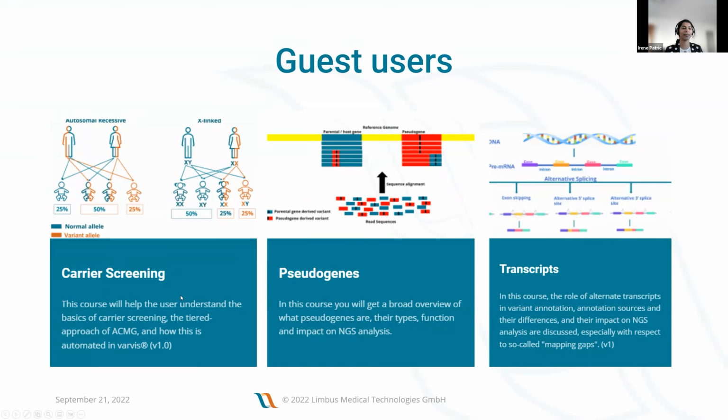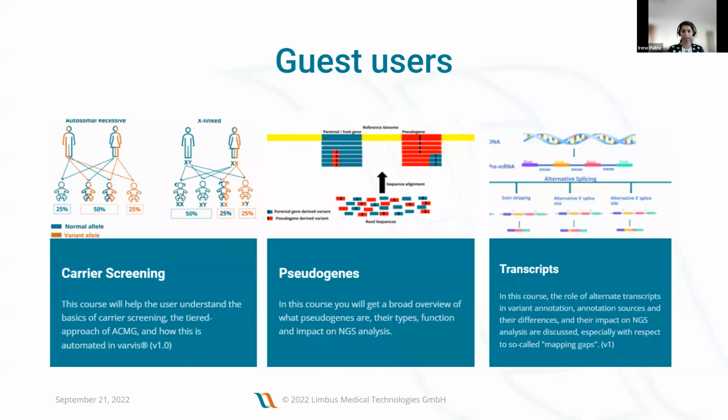This one explains the recommended ACMG tiered approach very well. And then we have a course about pseudogenes, which explains why this becomes important in the context of NGS analysis and how alternate transcripts impact analysis and so on.